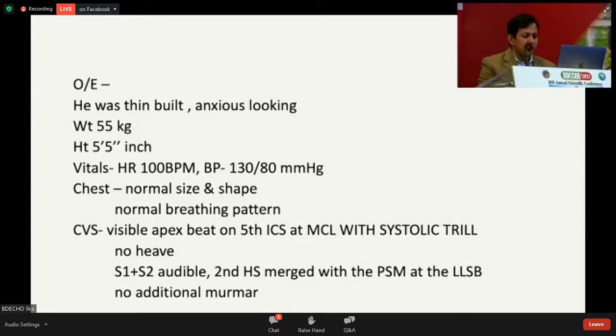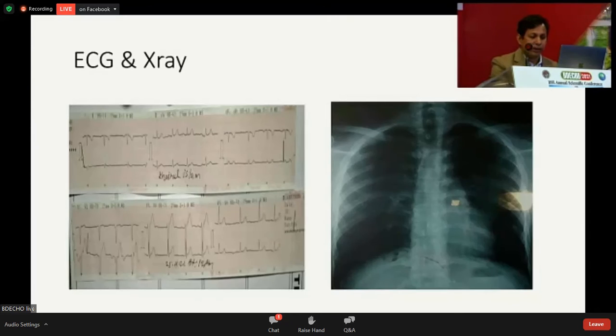His visible apex beat was in the 5th intercostal space at the mid-clavicular line with a systolic thrill, but no heave. The first and second heart sounds were audible, but the second heart sound was merged with a pansystolic murmur at the left lower sternal border, and no other murmur was there.